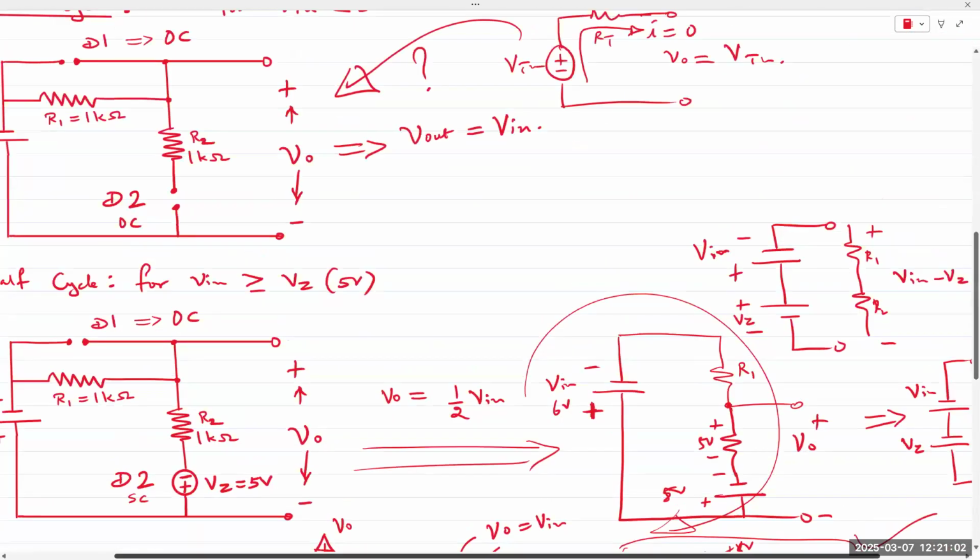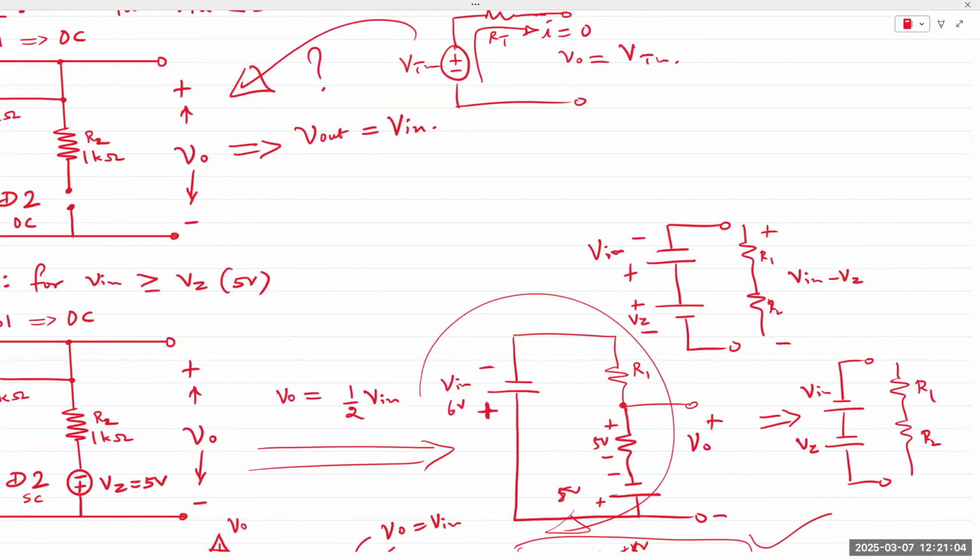But now look at this. What is the result of this for 6 volts? 1, right? 1 volt. So now what is the voltage across R2? 0.5, right?